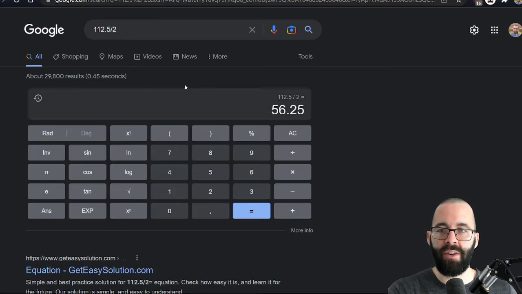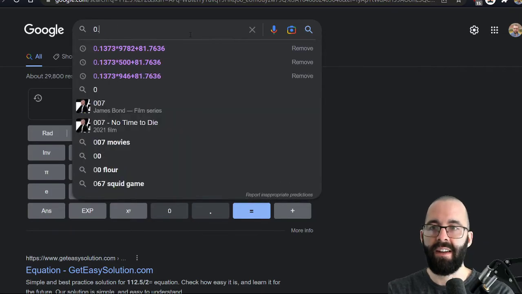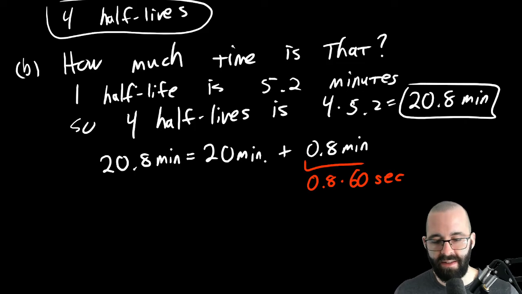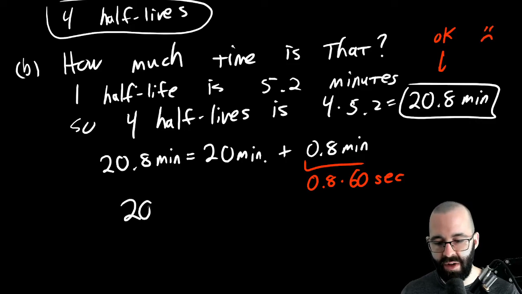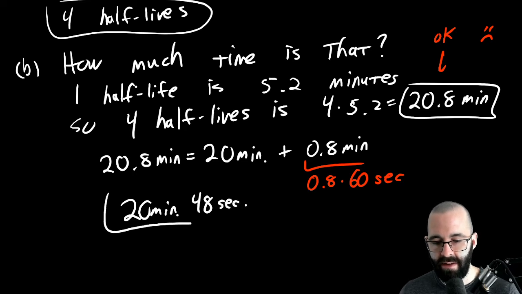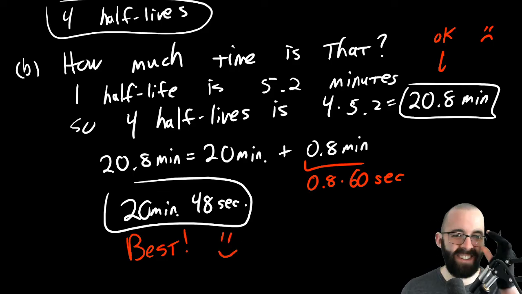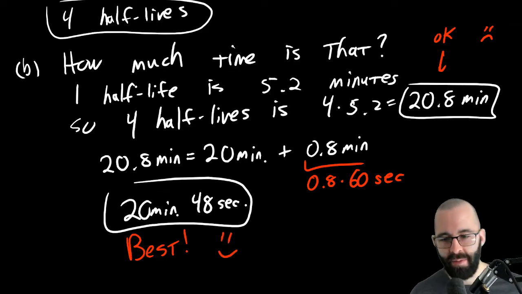So it'd be a little bit better to write our answer like that. 0.8 times 60 seconds is 48 seconds. So the best answer, again, this is okay. The best answer would be to say 20 minutes, 48 seconds. All right. That's how we solve this problem.